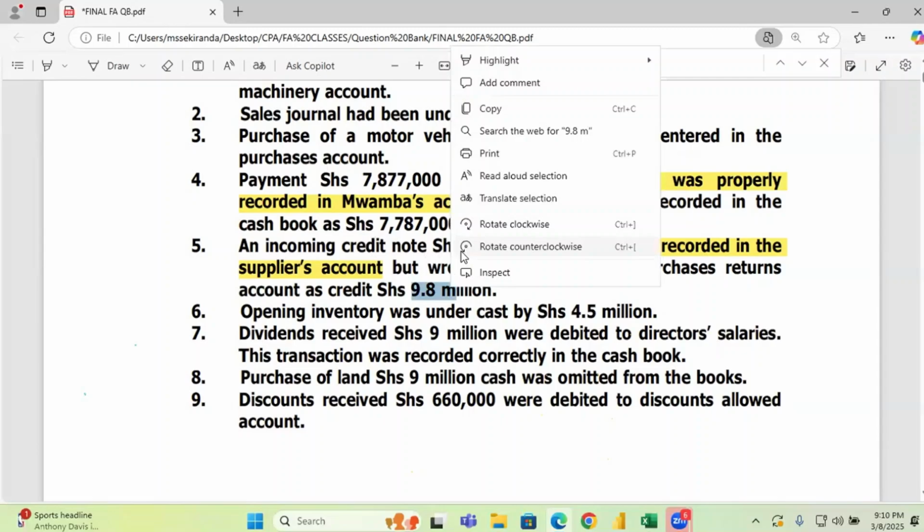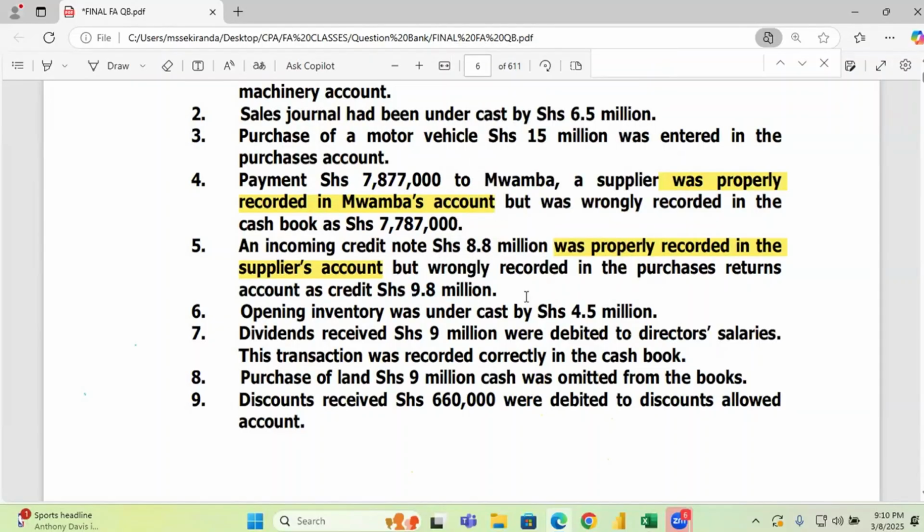So the credit side of the purchase returns is actually overstated. Remember, purchase returns are normally credited, so you credited it with 9.8. Can you reduce it with the difference of 1 million?